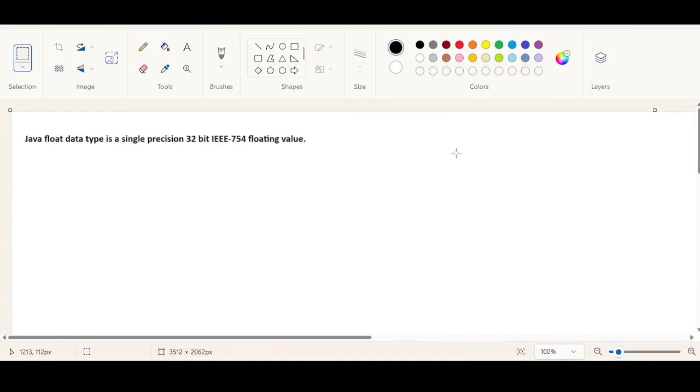Okay, let's understand the Java float data type. The float data type is a single precision 32-bit IEEE 754 floating value. It means the floating point value will follow a set of procedures to be placed in the register. Again, the register is going to accept the binary representation.